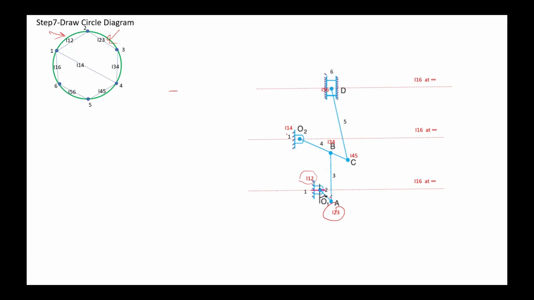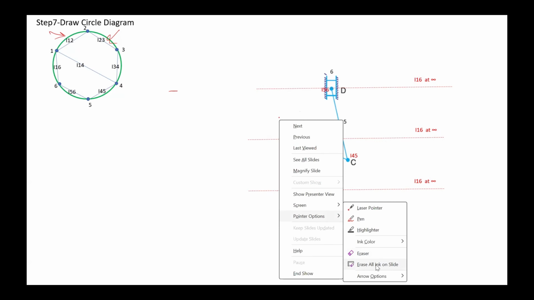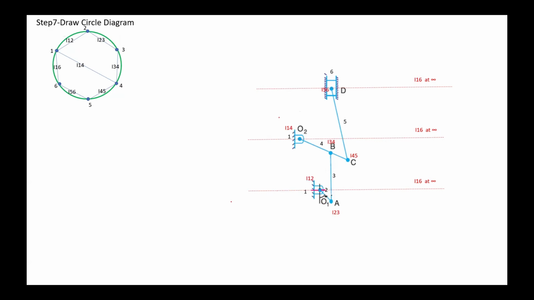I14 is also there. So all the permanent and fixed ICRs which you have rounded up in the previous table, you have to show in the circle diagram. But the main part is this: find out which ICRs you need to locate for your calculation.